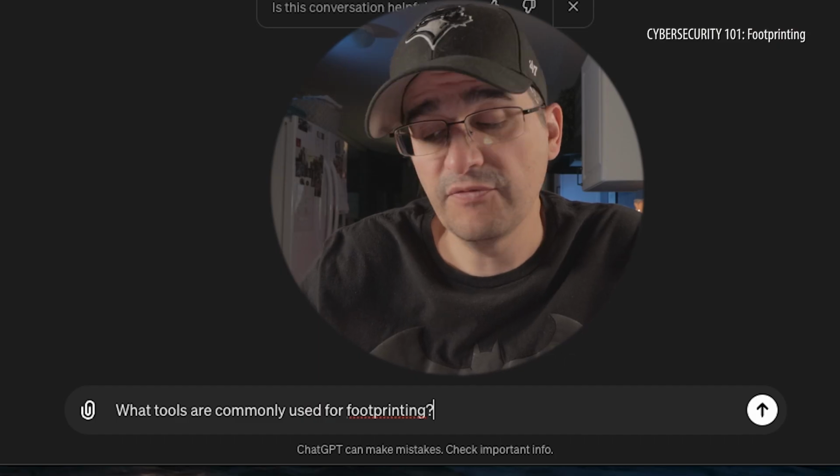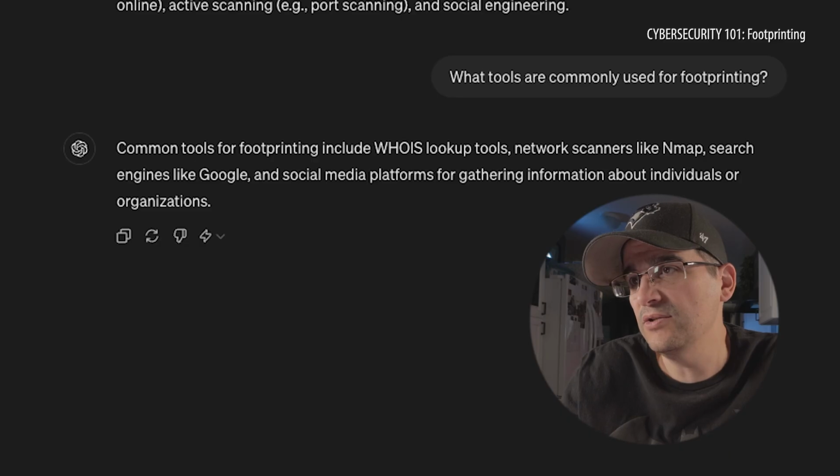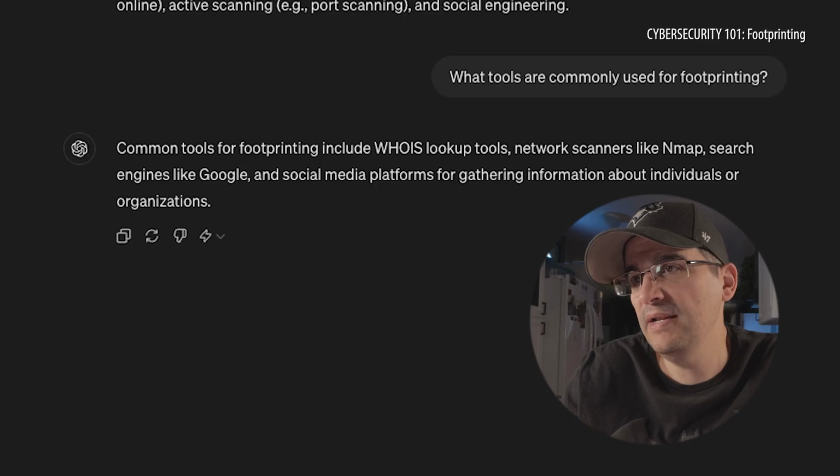All right, so those are the techniques. So what are the tools? What tools are commonly used for footprinting? Okay, so they include WHOIS. Sounds fun. That's fun to say. WHOIS lookup tools, network scanners like Nmap, search engines like Google, and social media platforms for gathering information about individuals or organizations.